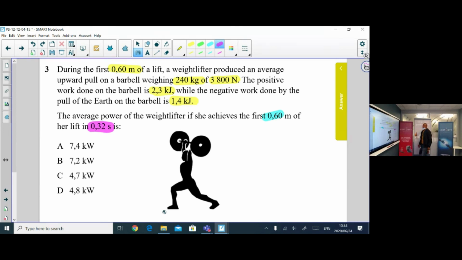We all know the formula for P average. I need you to do that quickly.